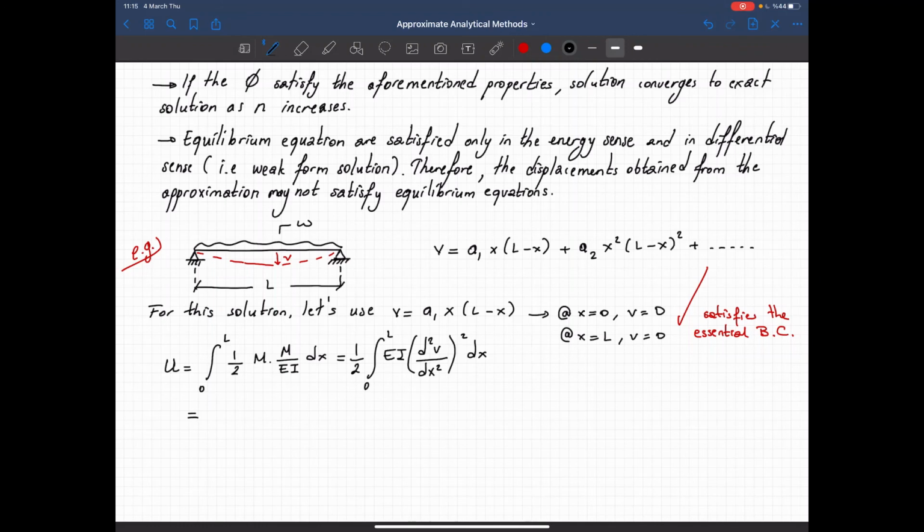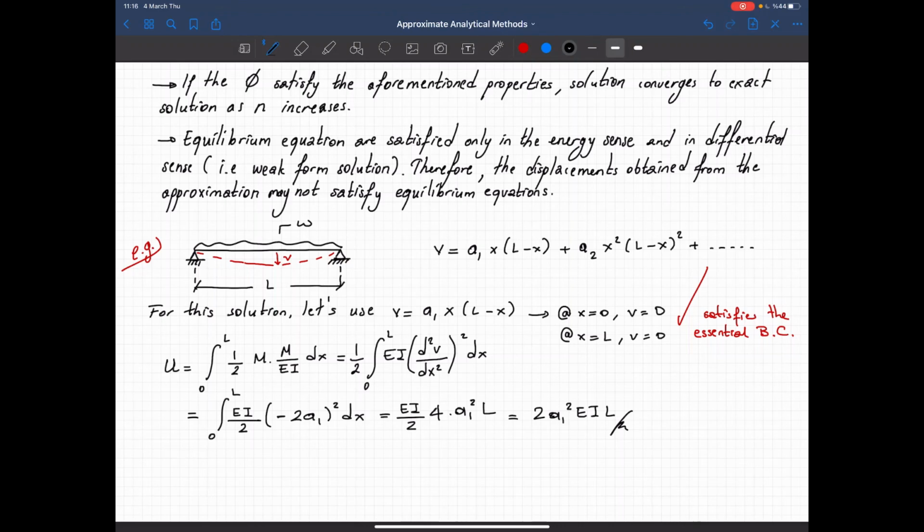We will get from 0 to L EI over 2, and I have minus 2 A1 squared dx, and that's equal to EI over 2 times 4 A1 squared L. Let's further simplify it, 2 A1 squared EI L, and that's the internal energy.